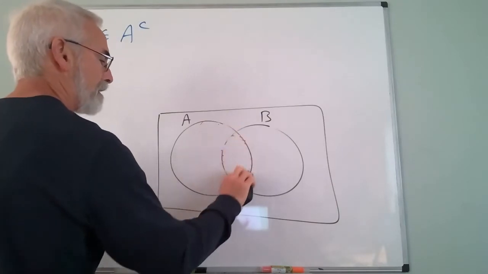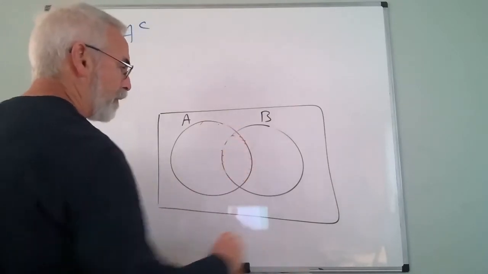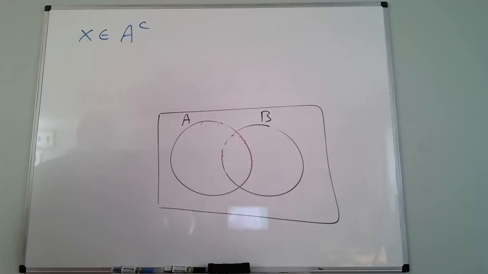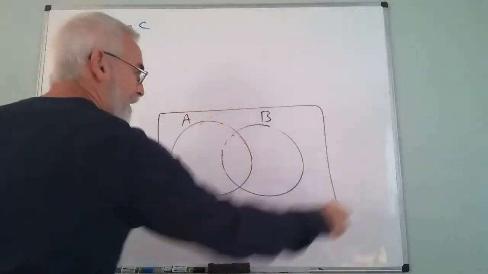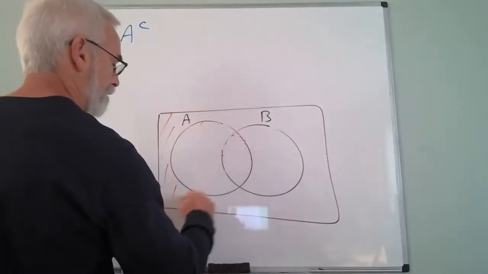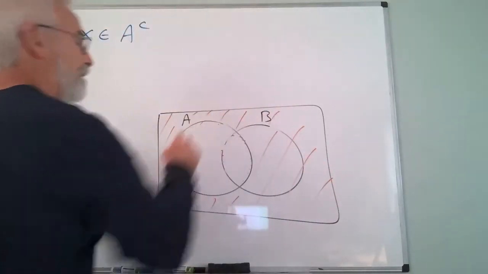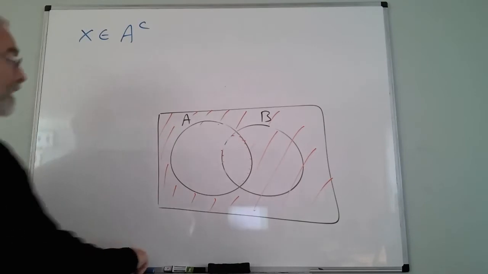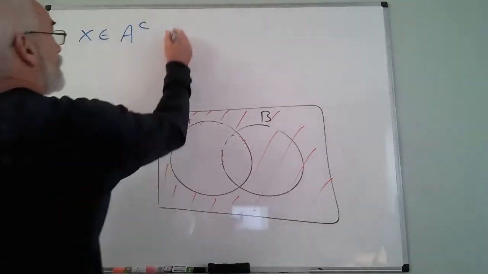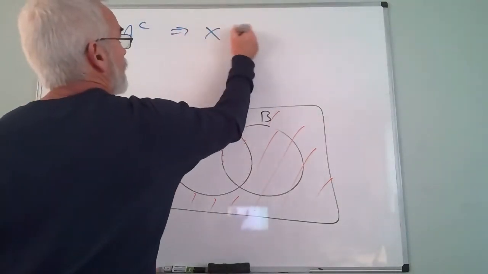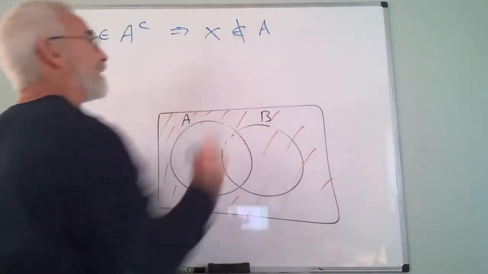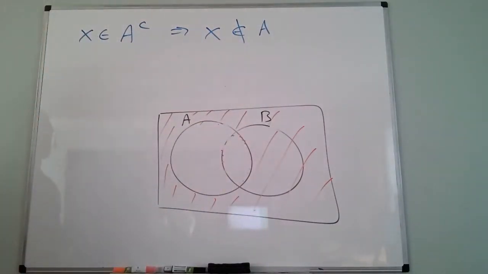Well, what part of the picture is A complement? That would be everything in my rectangle that is outside of A. So to be in A complement simply implies that X is not an element of A, and that's the correct way of saying it. Being in A complement means I'm not in A.